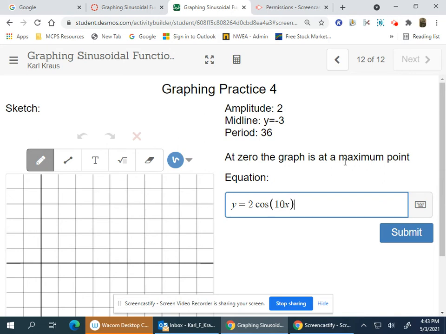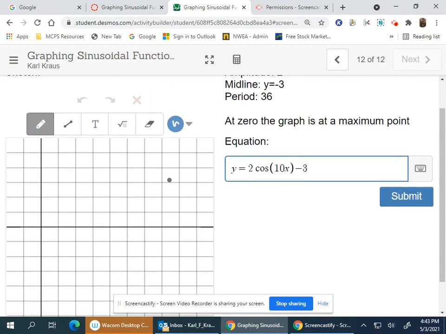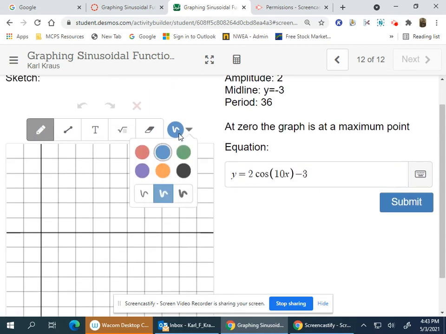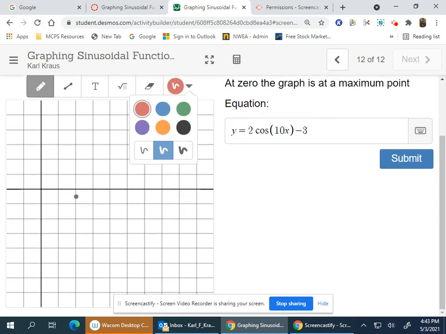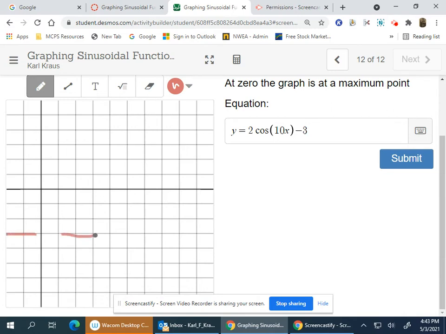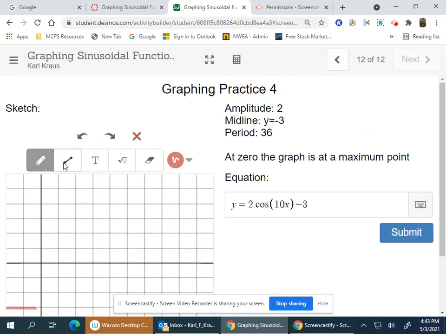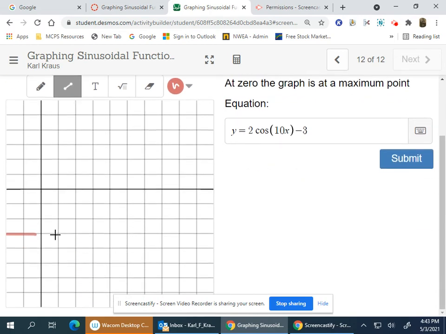And then my midline is -3. So starting at the midline, y equal -3. And then amplitude 2.